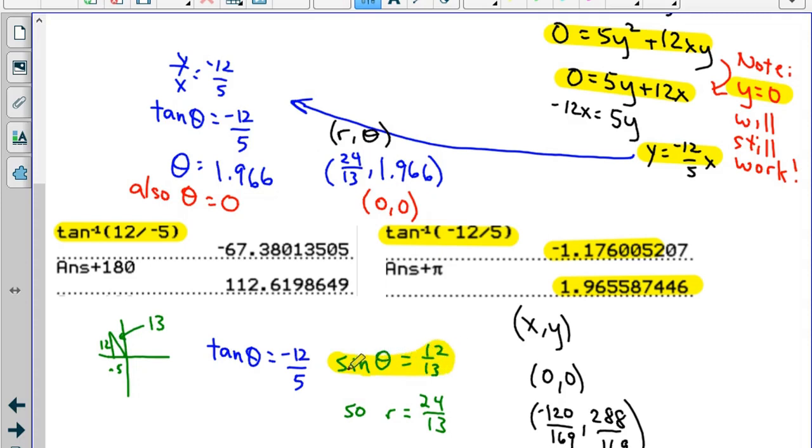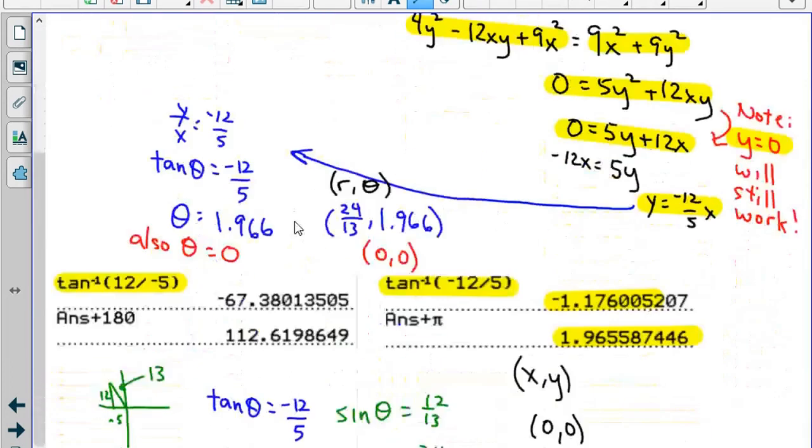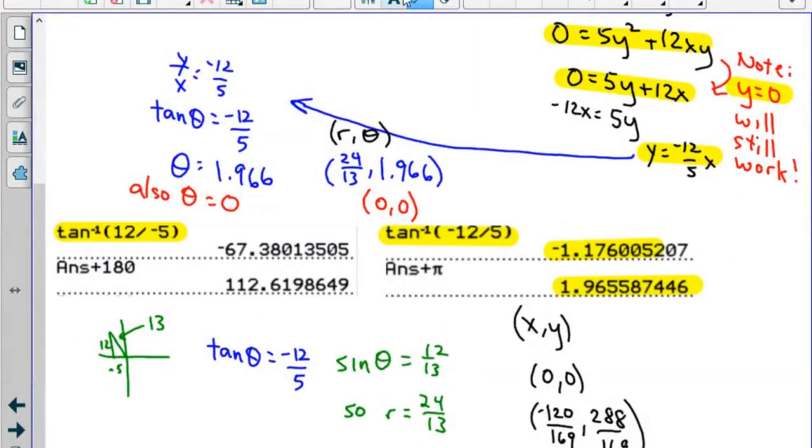So since sine equals 12/13, that means that r equals 24/13, because if I look right here, I saw that r equals sine of theta times 2. So I take 12/13 and I multiply it by 2 to get 24/13. So 24/13 is r, theta is 1.966.